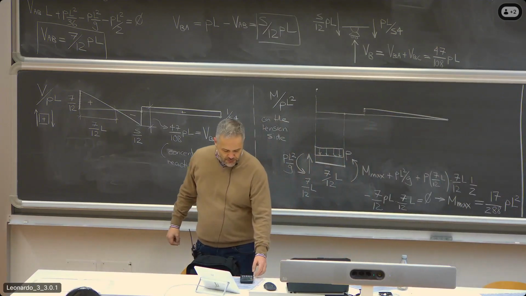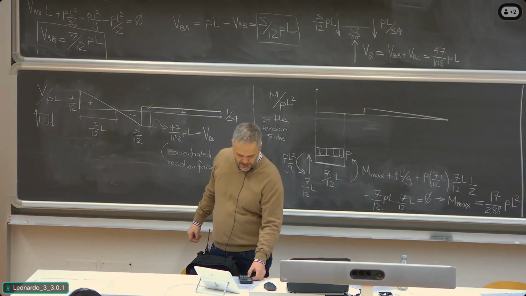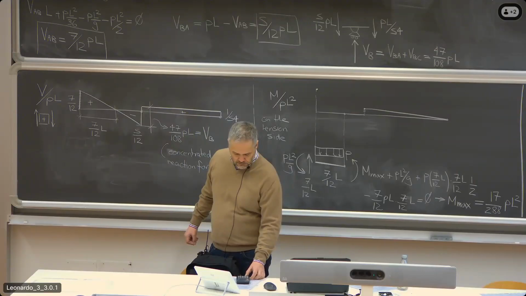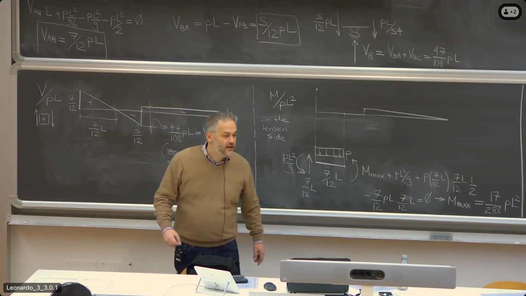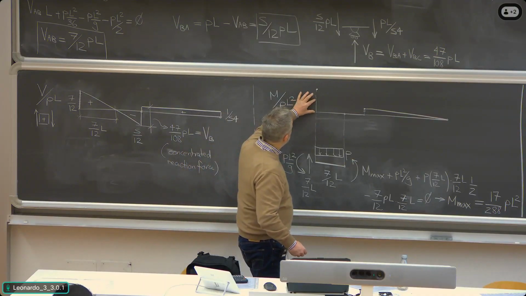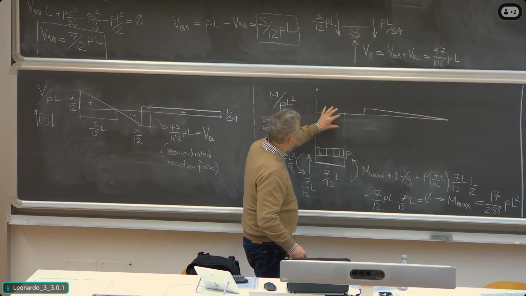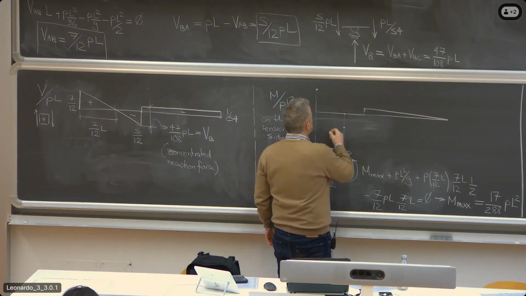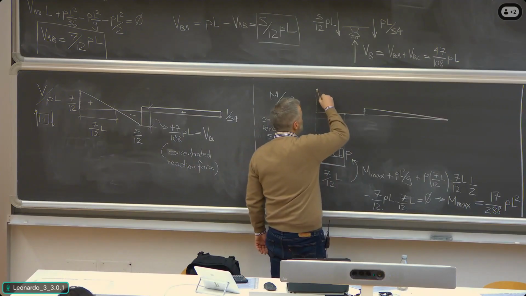How much is it with respect to the other two moments? More or less half of the first moment. So I take this segment and I reduce it by this half. So the bending moment will be here, and the final diagram will be like this.